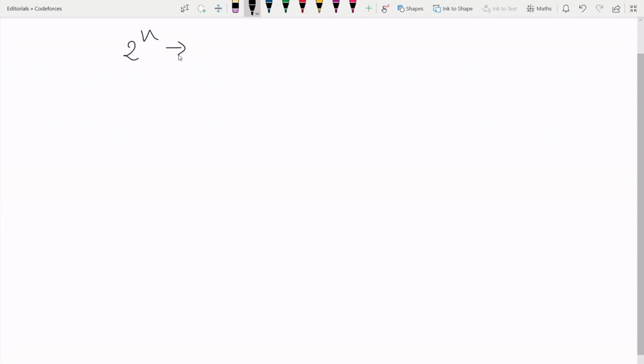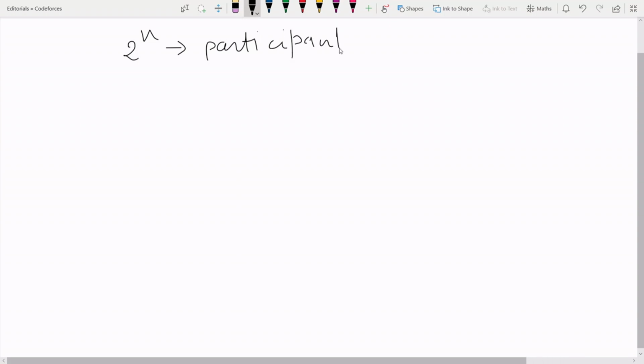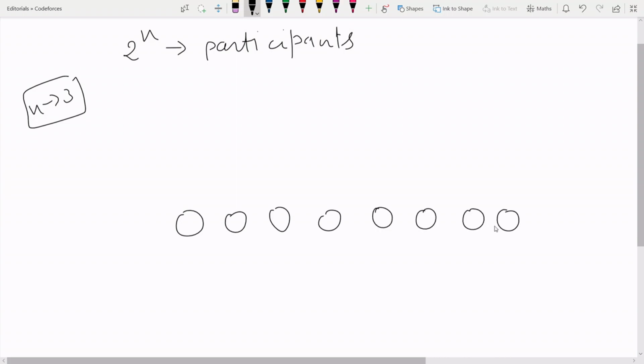We are given 2 to the power n participants. Let's take an example of n equal to 3, so there will be 8 participants: 1, 2, 3, 4, 5, 6, 7, 8. These two will participate, these two, these two, and these two.